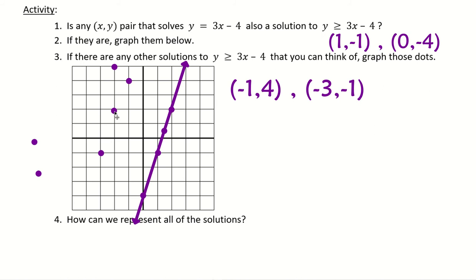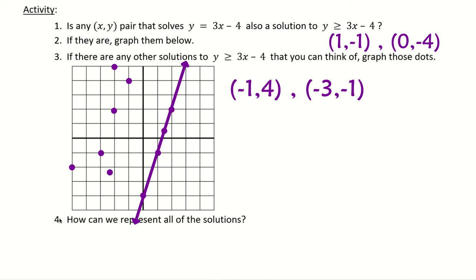I don't know what those coordinates are, but I know it's going to make this true. It looks like something like negative 2 point something comma negative 2 point something, but that's a solution, or negative 5 comma negative 2. Again, there are solutions everywhere.